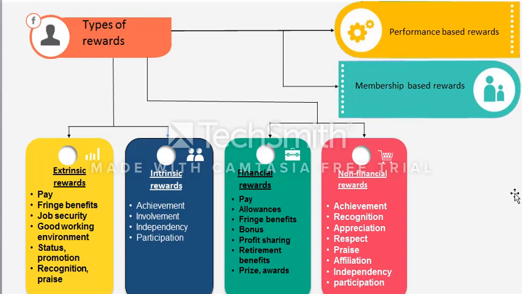Allowances means, see, the purpose of allowances is to reduce the tax level of the employees, and it could not be added as a regular income under the category of base pay. Allowances means this is the transportation allowance, it could be the dearness allowance. These are the allowances which could be increased or decreased with the passage of time.